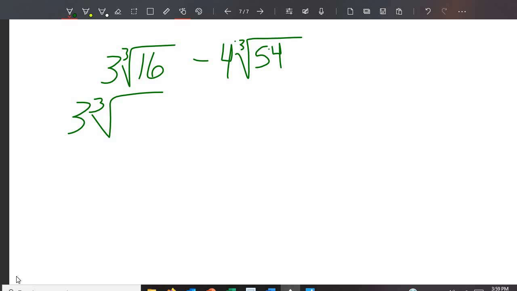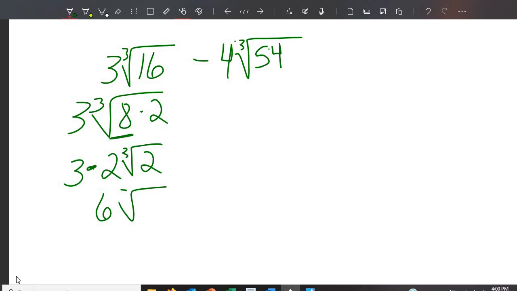And you've got calculators. Don't worry about that. We can split 16 apart as 8 times 2, because 8 is a perfect cube. We got a 3 in front. The cube root of 8 is 2. And I got 2 left underneath. Multiply what's in front. And we get this.